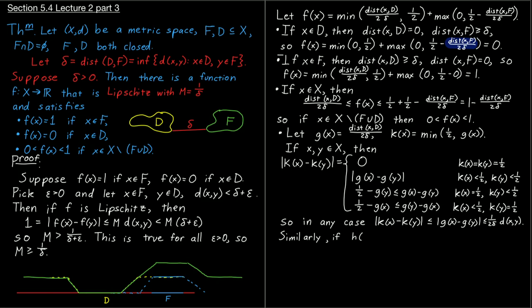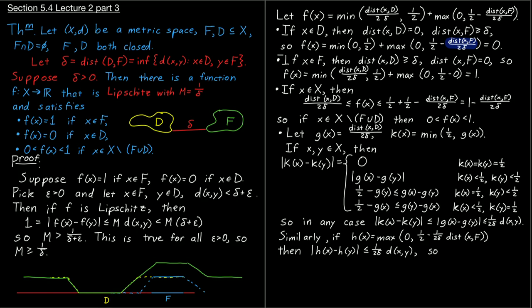If the other piece, h of x, is the maximum of 0 and 1/2 minus 1 over 2 delta distance from x to f, then h of x minus h of y is less than or equal to 1 over 2 delta distance from x to y.